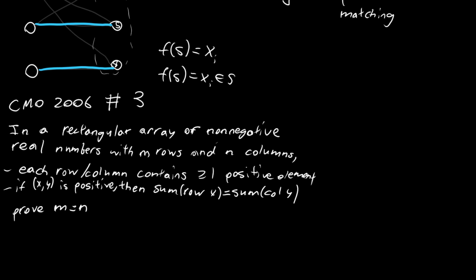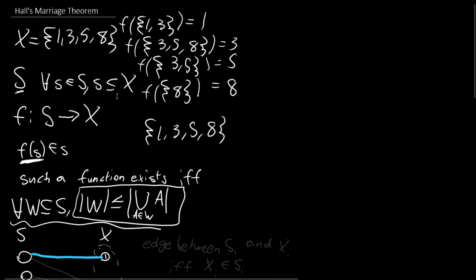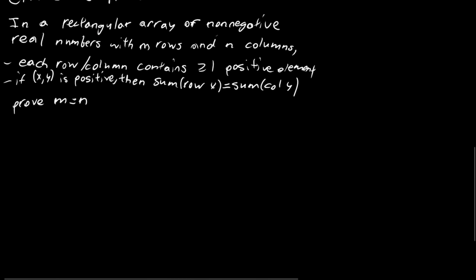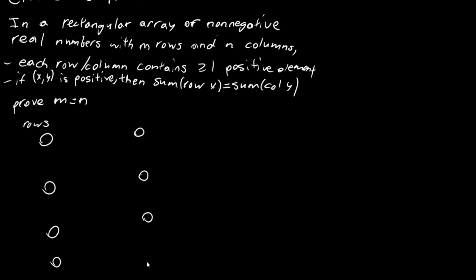So you may think this seems completely irrelevant to this whole Hall's marriage theorem thing that we've been talking about, but actually you just need to look at it in a slightly different way. What we're going to do is create a bipartite graph again, with the rows on one side and the columns on the other side, and we connect them if they intersect at a positive element.